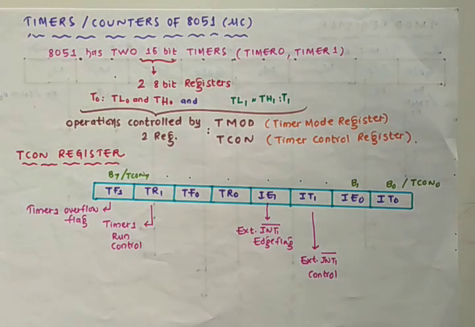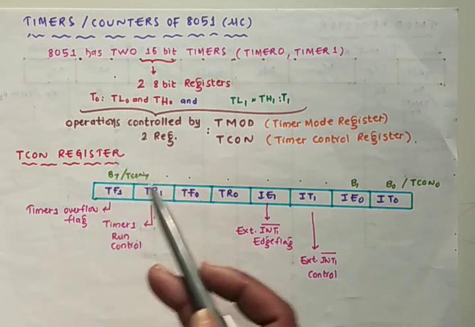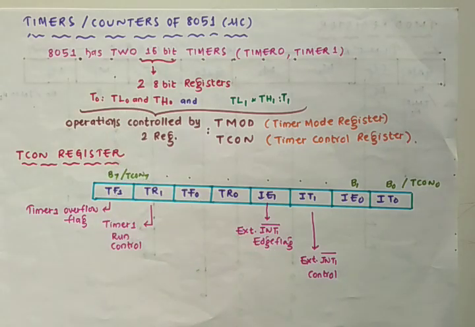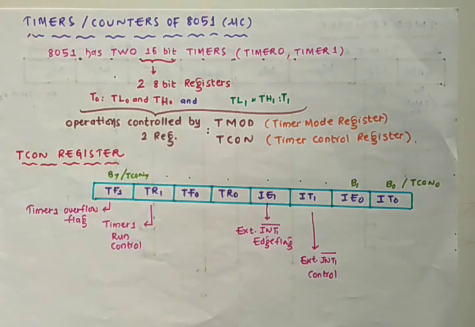For accessing timer 0, these two registers should be used. Both registers can be read or written by the CPU.